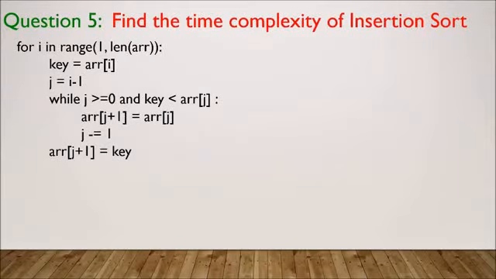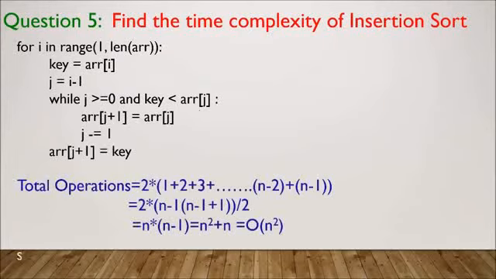In this way, when we calculate the total swaps and total comparisons, it will come out to be 2 into (1 plus 2 plus 3 plus up to n minus 2 plus n minus 1), for comparisons as well as swaps. These are the comparisons and swaps that we have to make.